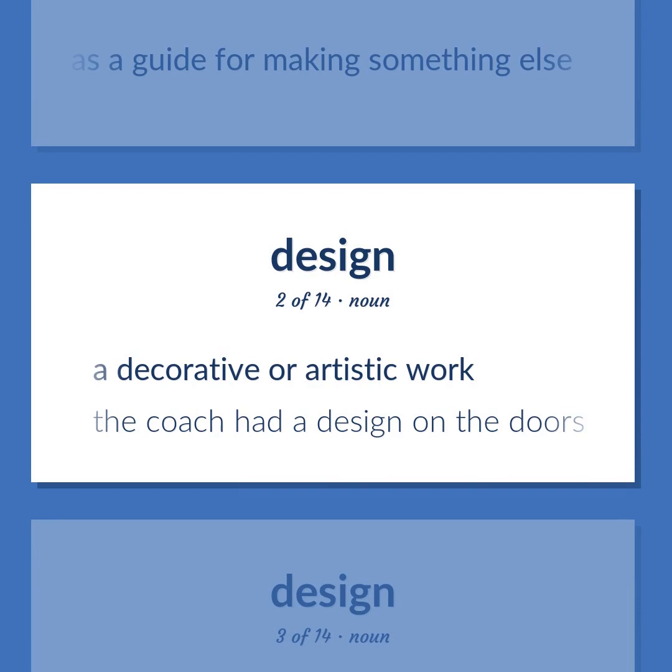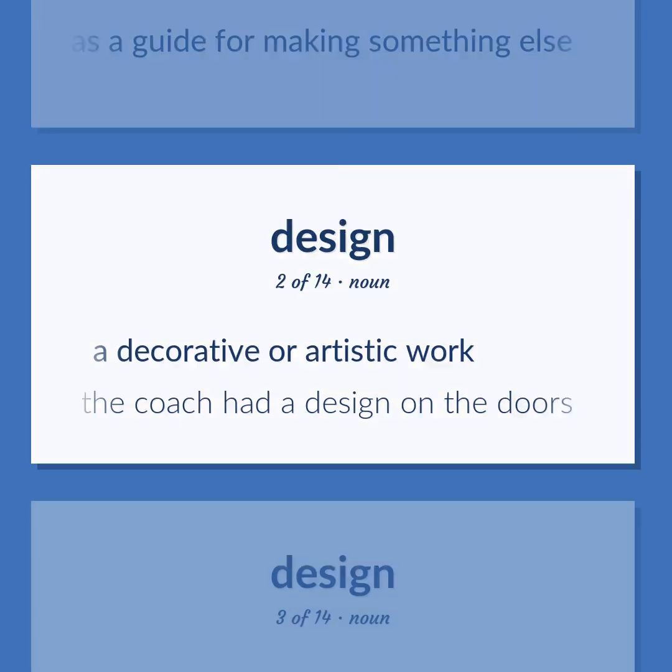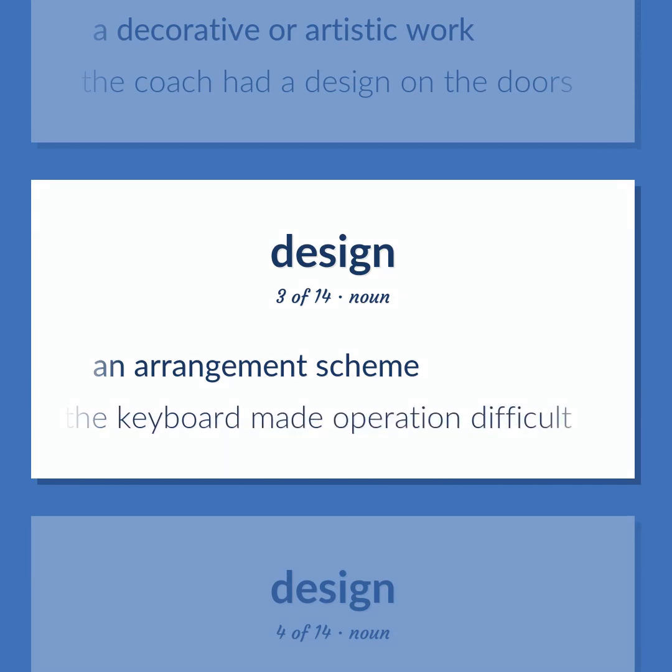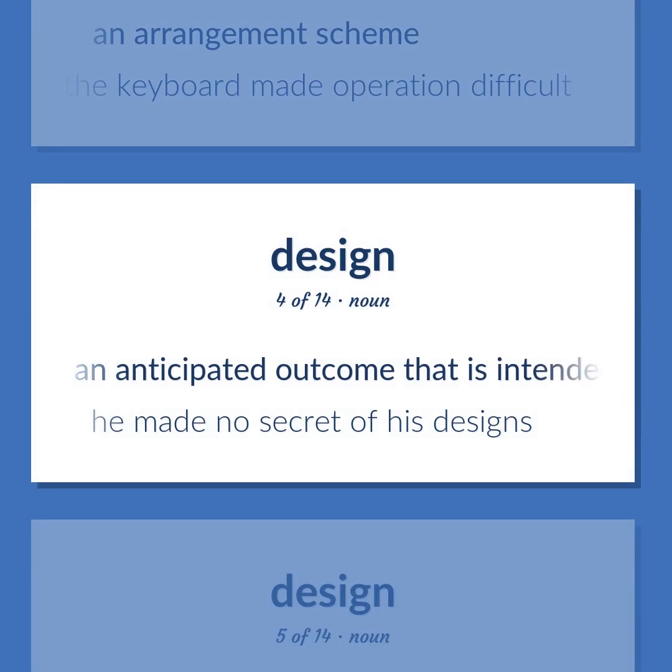The coach had a design on the doors. An arrangement scheme. The awkward design of the keyboard made operation difficult. An anticipated outcome that is intended or that guides your planned actions. He made no secret of his designs.